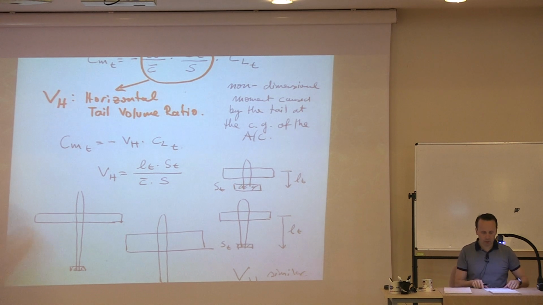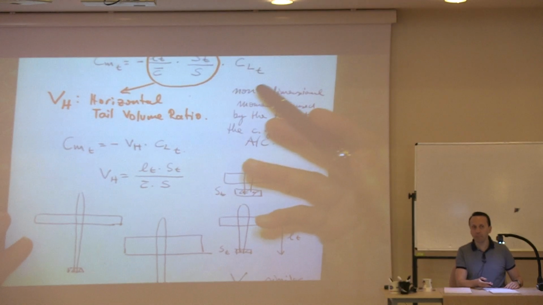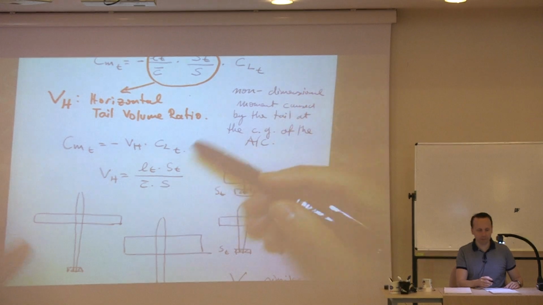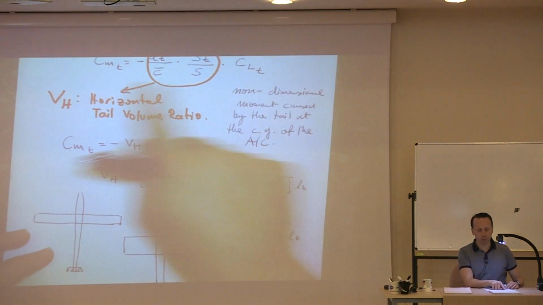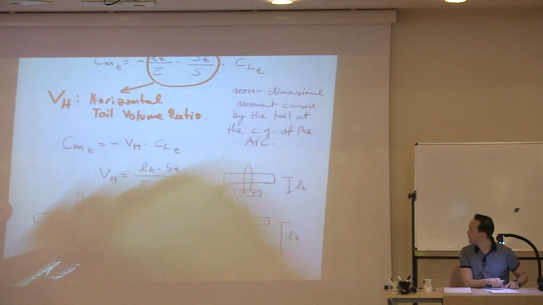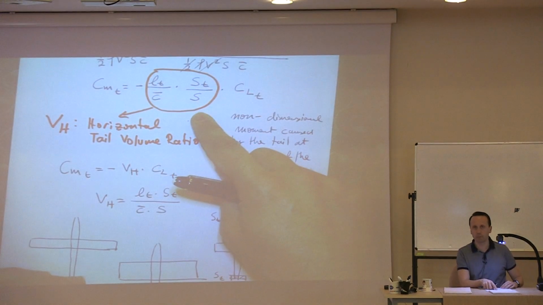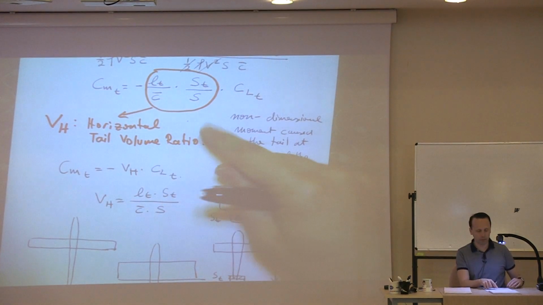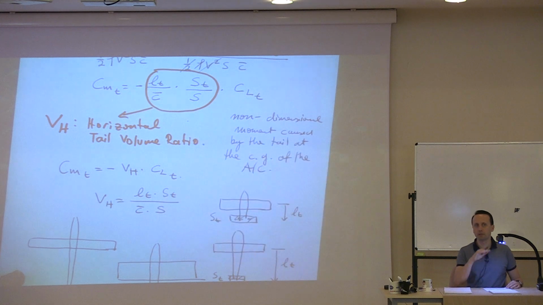All right. So the last thing we did, we looked at the tail, looked at the moment that was coming from the tail, and after making a lot of simplifications, surely, we obtained this one variable. It's called the horizontal tail volume ratio. I told you it's an important variable in the design of airplanes, that this tail volume ratio is similar for a lot of airplanes.